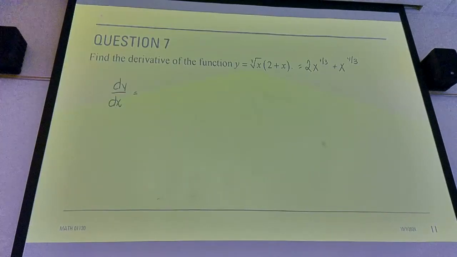Take that derivative. 2/3 x to the negative 2/3 plus 4/3 x to the 1/3.